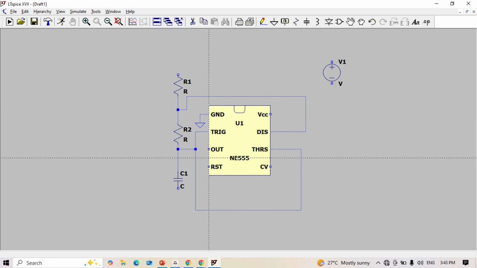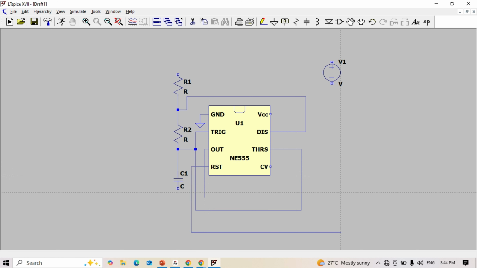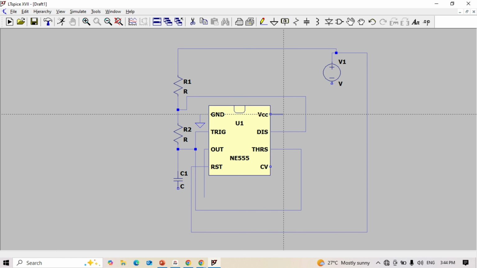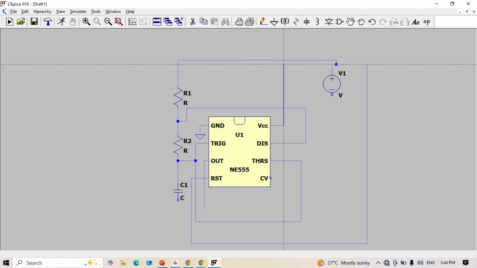VDD is there, and the output can be collected from here. We don't use the reset pin, so we can connect it to the power supply. And VCC should also be connected to the external battery or power supply.